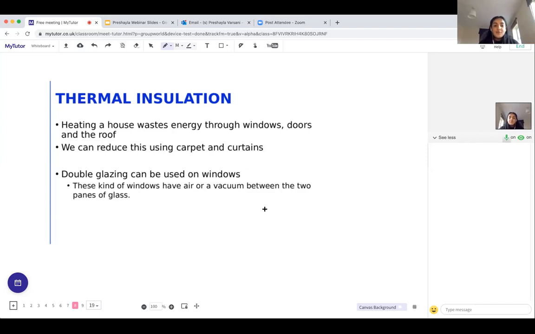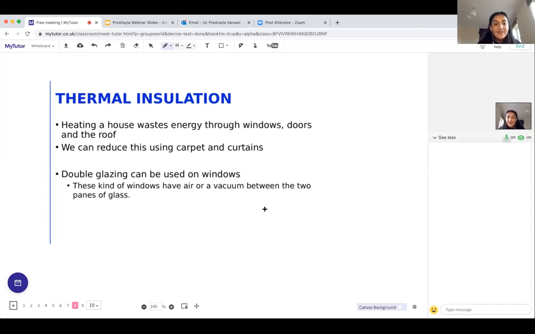So what do we do with windows? Well, we have this thing called double glazing. Double glazing is a process that can be applied to your windows. You can buy double glazing windows, or you can get double glazing done. And these kind of windows are special.